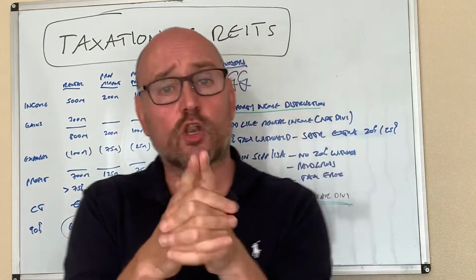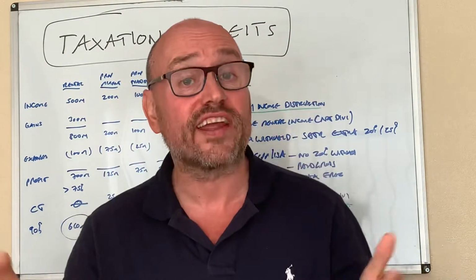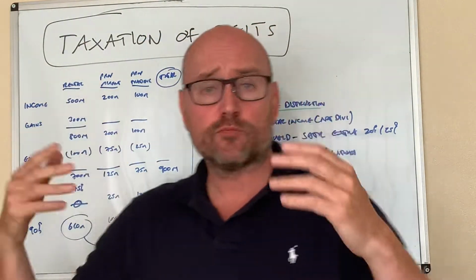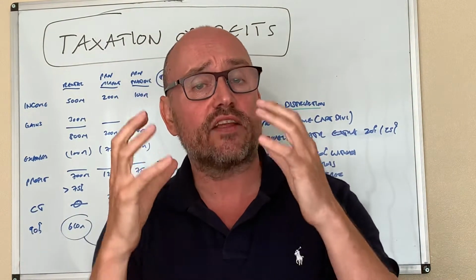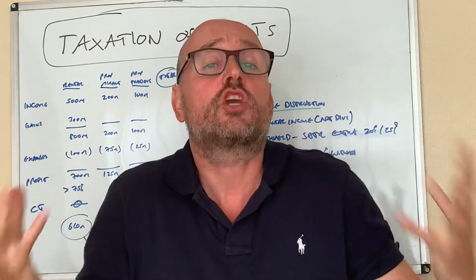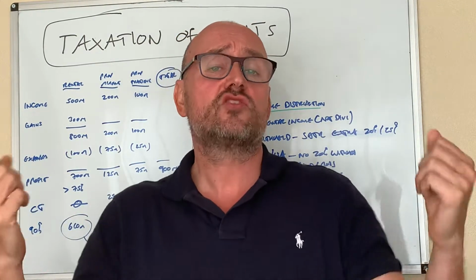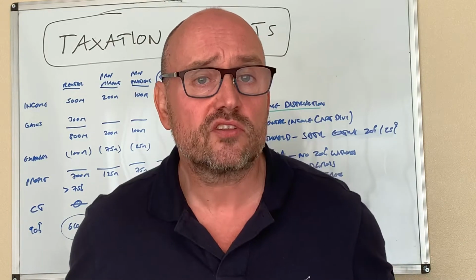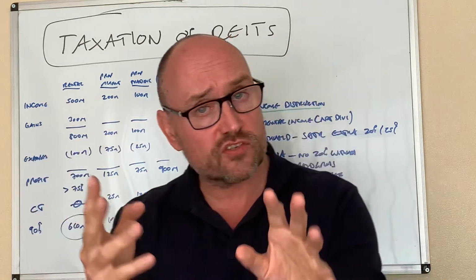So let's just have a look at an example and some of the qualifying criteria. I've just made up some numbers here, and this is a REIT, so it's a real estate investment trust. It's a company basically listed on the stock market, and let's say it invests in central London tower blocks, office blocks, and we've got three divisions of this company.